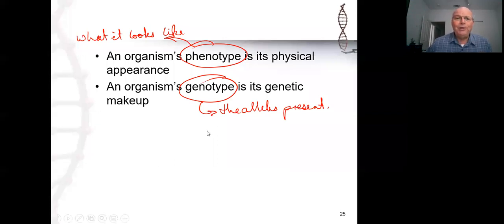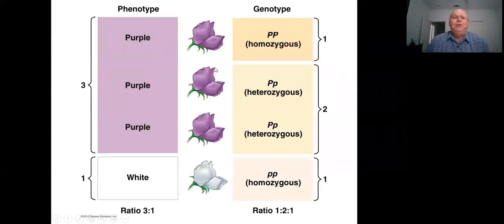Now, why talk about those? Because when we come back and revisit the F2 generation here, what we recognize is that the 3-to-1 ratio that we've been talking about, well, that refers to the phenotype. So the phenotype ratio is 3-to-1. But the genotype ratio is anything but.